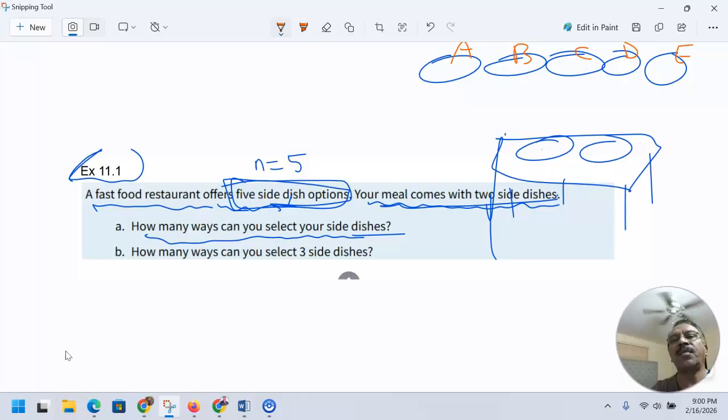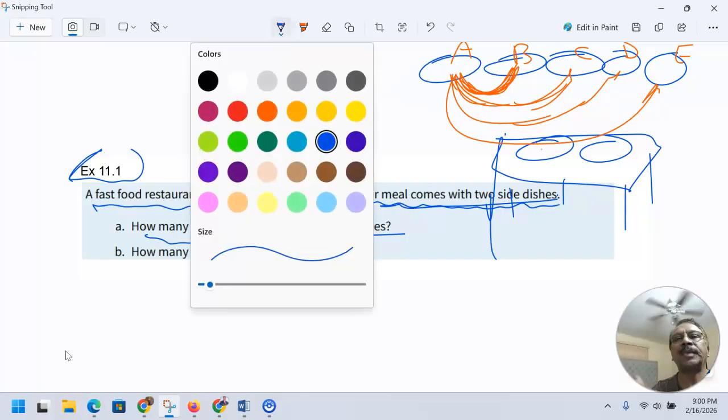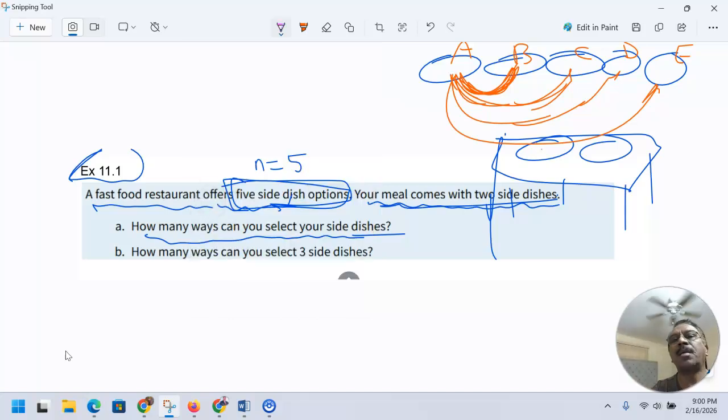You could select the first one as either A and B. So this could be your first combination, or you could select A and C, or A and D, or A and E, and then after that you could do, let me use another color, pink, B and C, or B and D.